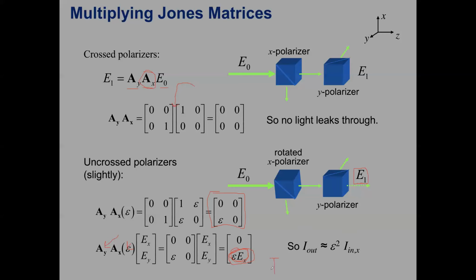But if we go back to our last lab, we'll note that this is more or less I out equals I in times cosine squared of theta. So what we're really seeing here is an approximation of Malus's law, another confirmation that this matrix approach to treating polarization is working.